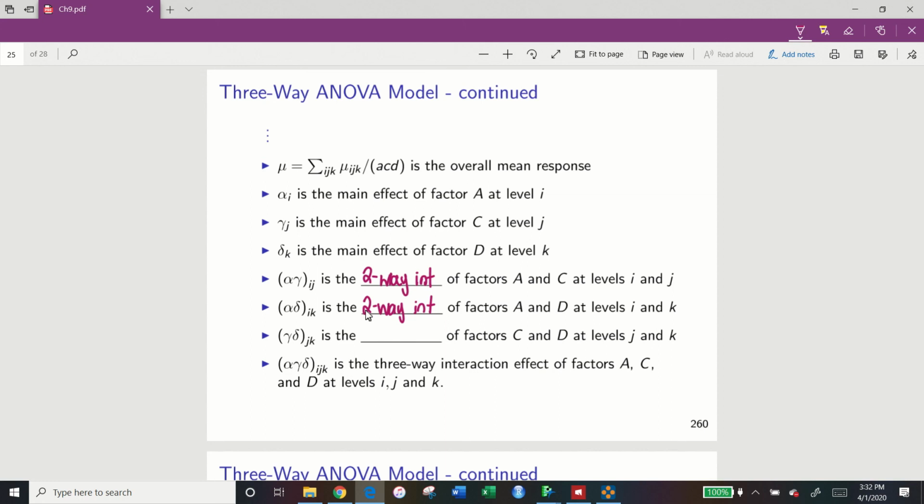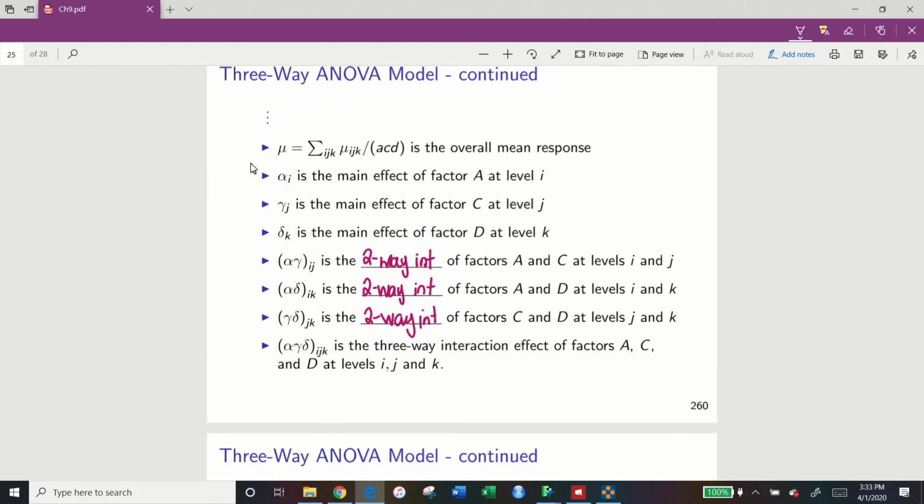And gamma times delta_jk is the two-way interaction effect of factors C and D at levels j and k. And finally, alpha times gamma times delta_ijk is the three-way interaction effect of factors A, C, and D at levels i, j, and k.